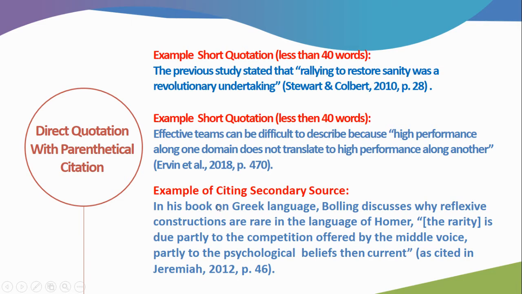You must start with the primary source, which is in his book on Greek language. Bowling is the primary source. He discusses why reflexive constructions are rare in the language of Homer. And then have a comma, and here it starts the quotation mark, and the ideas of Bowling.